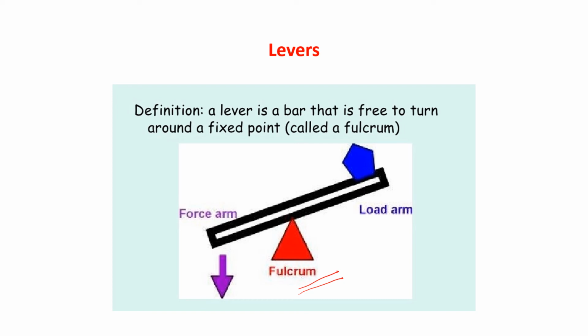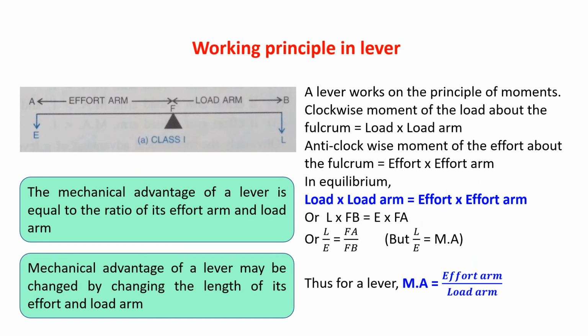From the fulcrum to the force, the side on which the force is applied, this is known as the force arm, and from the fulcrum to the load, this is known as the load arm. The working principle in a lever, as I told you: load to fulcrum is known as the load arm, effort to fulcrum is known as the effort arm.